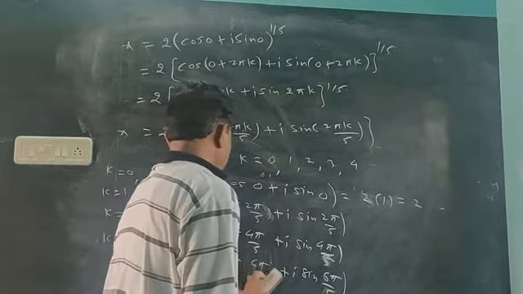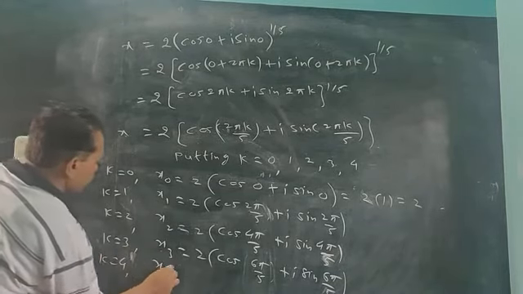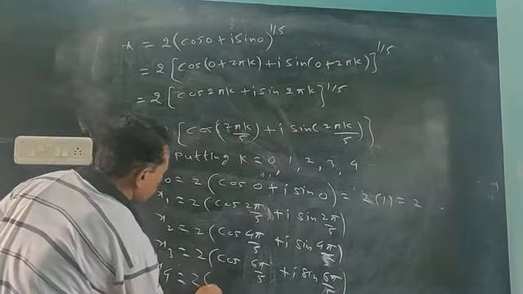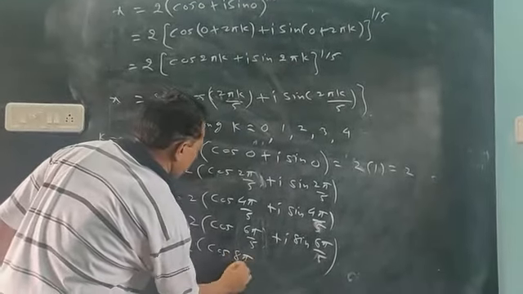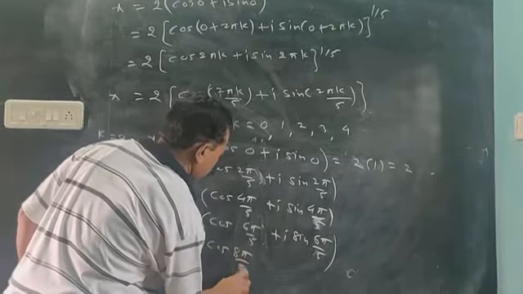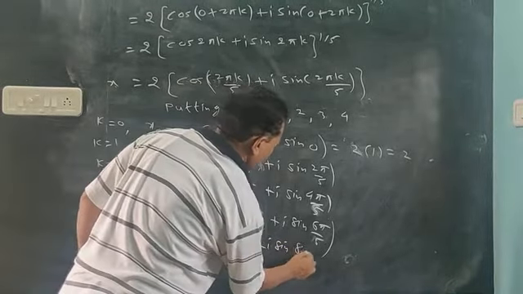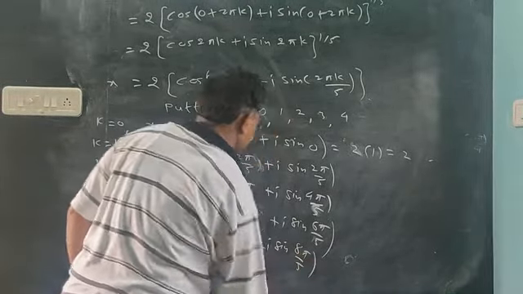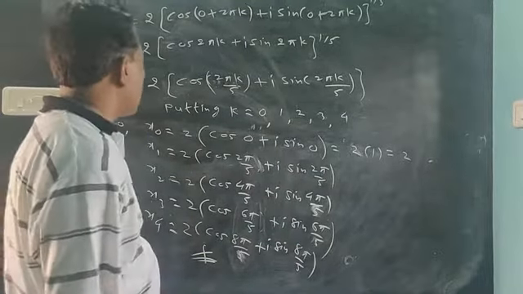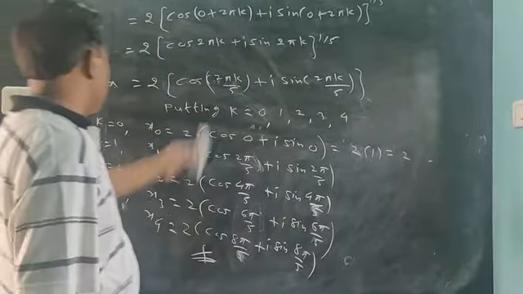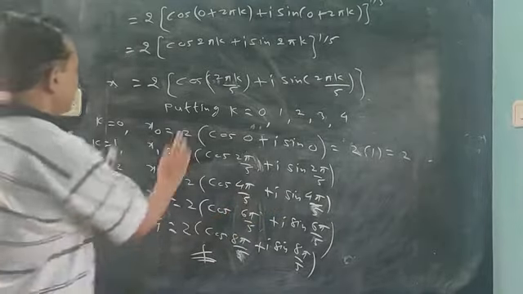Last, k equal to 4, x4: 2 times cos of k is 4, 8 pi by 5, plus I sin 8 pi by 5, and complete. Okay, so k running from 0 to 4 gives the 5 values: 0, 1, 2, 3, 4, respective values. These are the 5 values.